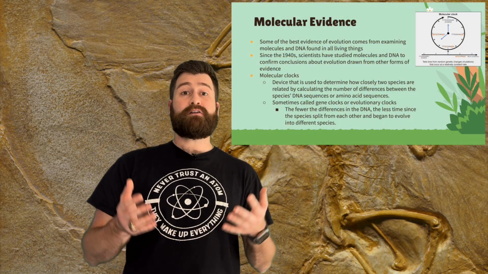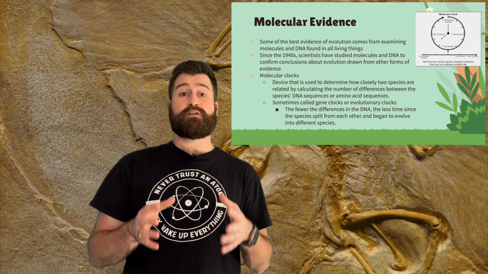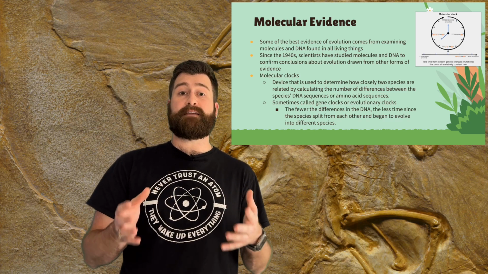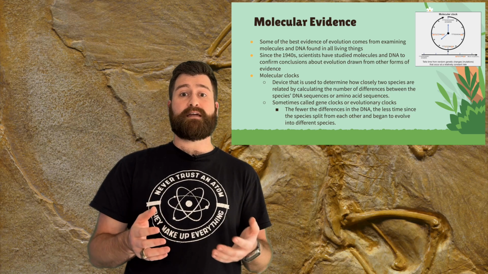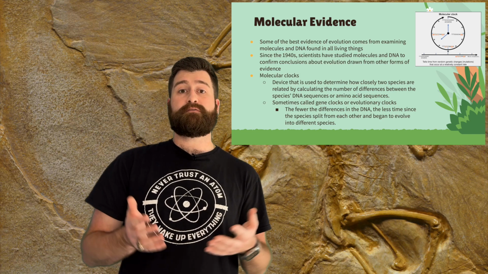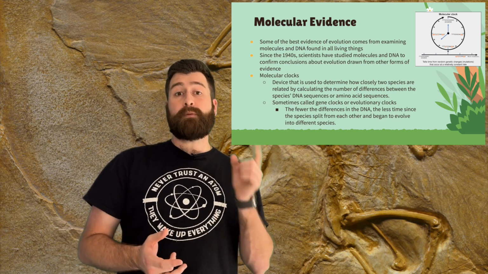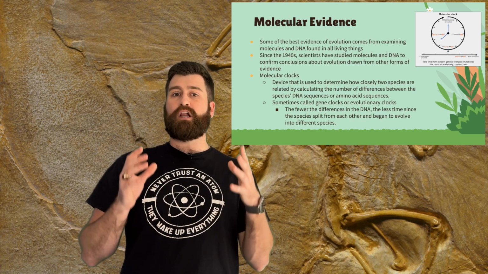Now, besides similarities in structures and embryos, molecular evidence also supports evolution. Some of the best evidence of evolution comes from examining molecules and DNA found in all living things. Since the 1940s, scientists have studied molecules and DNA to confirm conclusions about evolution drawn from other forms of evidence. One particular thing that is used to study DNA in relation to evolution is called a molecular clock.